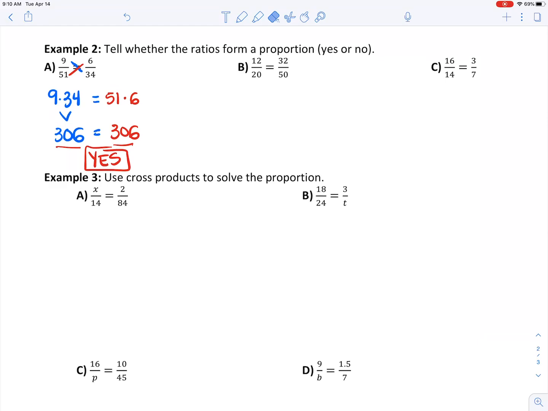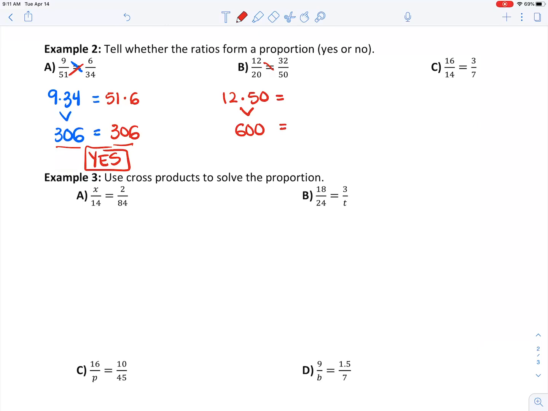So where we left off, we were doing letter B, and we were checking to see if this was a proportion. So what I need to do is take 12 times 50, and I need to see if that is equal to the other cross product.